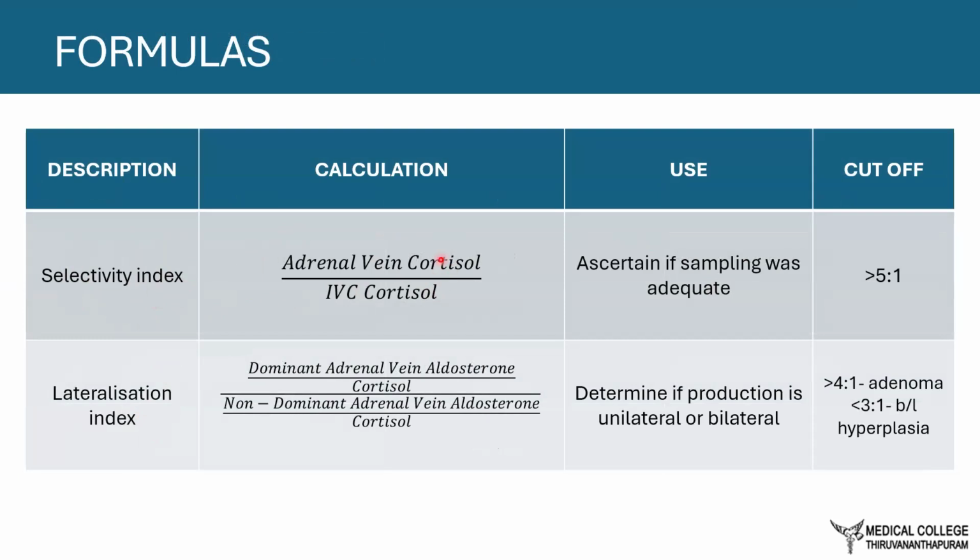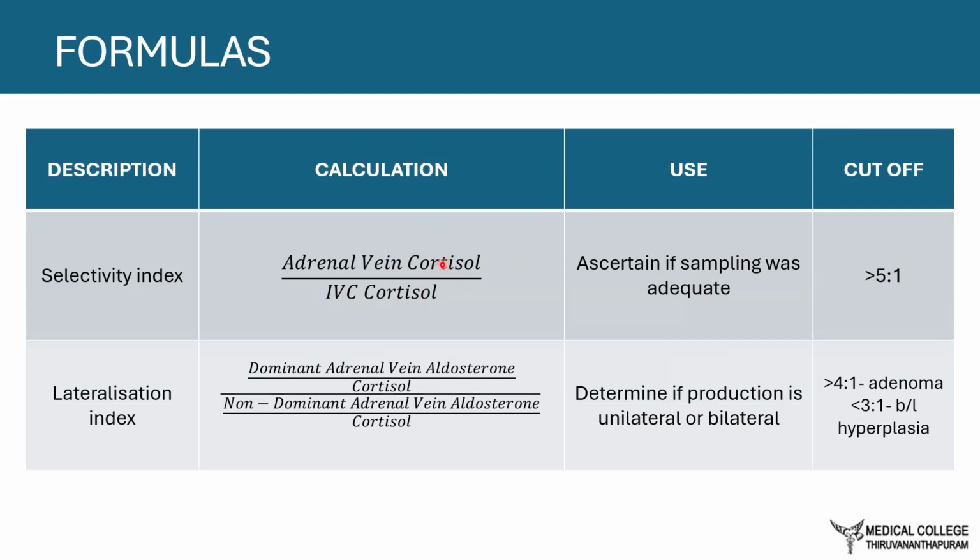As I said, what we are assessing is the cortisol value that we have taken from the apparent adrenal vein and what we have got from the IVC. If this ratio is more than 5, that means the cortisol level from the adrenal vein sample is very high, which means that you have taken it correctly. If there is any contamination from the renal vein level, this ratio will not meet its cutoff, and that means you need to repeat your adrenal vein sampling.